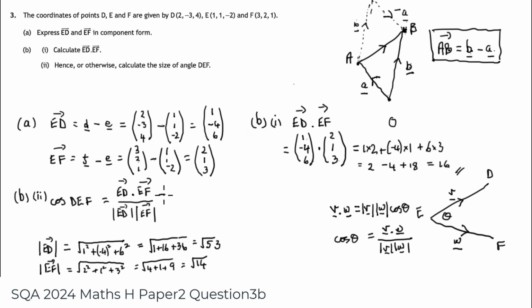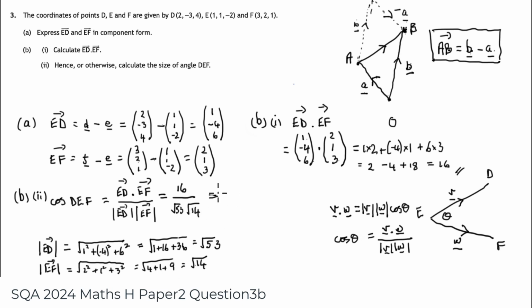So back up to this formula that we got from over here. The cosine of angle DEF will be the dot product, which we know is 16, divided by the product of these magnitudes. So that's root 53 times root 14.